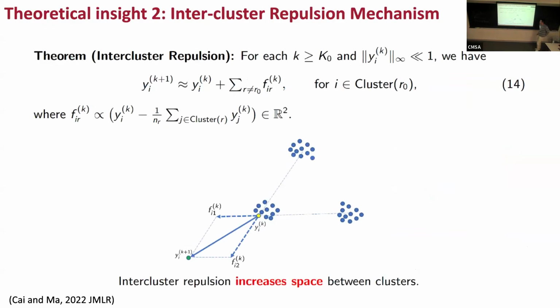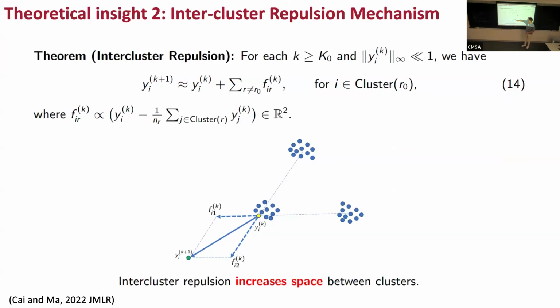And mathematically, we can actually prove what happens in this stage. Suppose the clusters are already created at the end of the early exaggeration stage. The iterative algorithm at this stage effectively pushes those clusters away from each other, in directions that are determined by the relative positions of those clusters, exactly like the physics of a repulsive force.